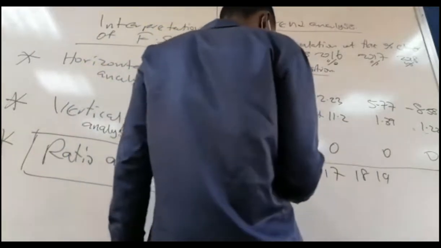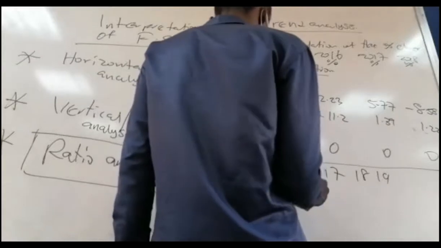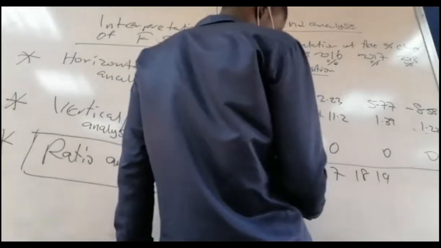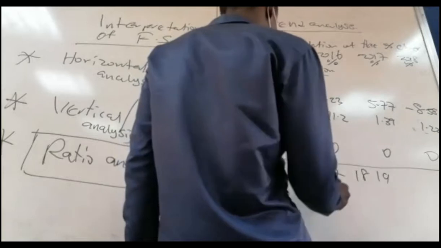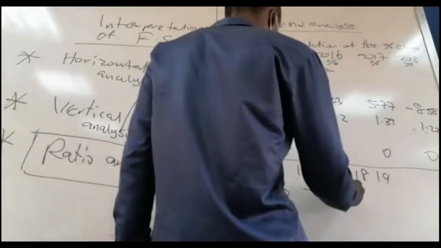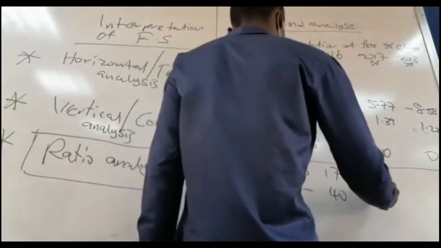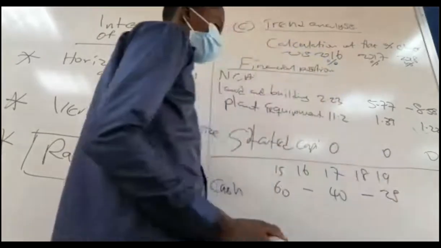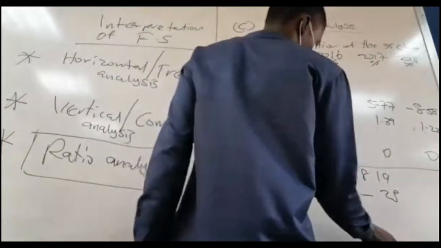Let's assume that here is 60, here is dash, yes, 40, yes, dash, and here's 25. Or even here's dash.